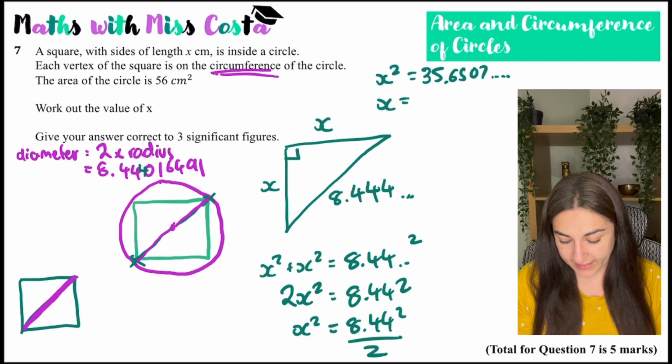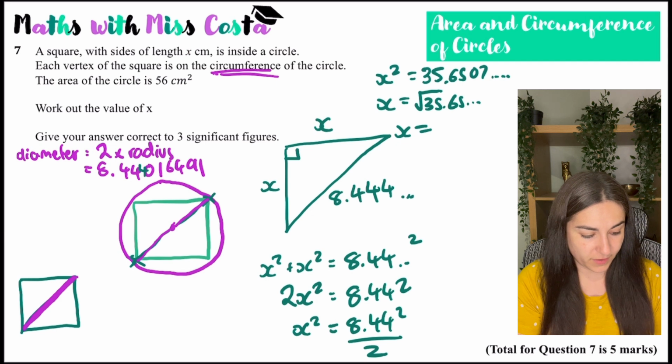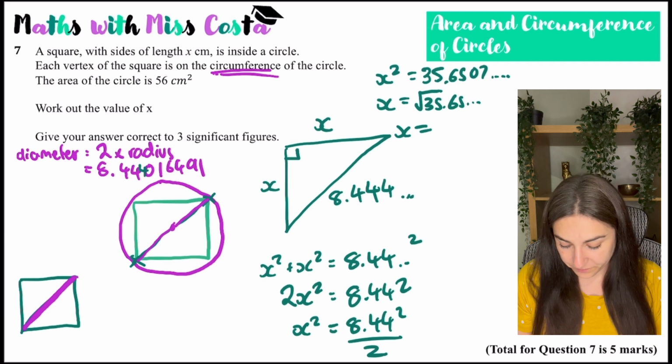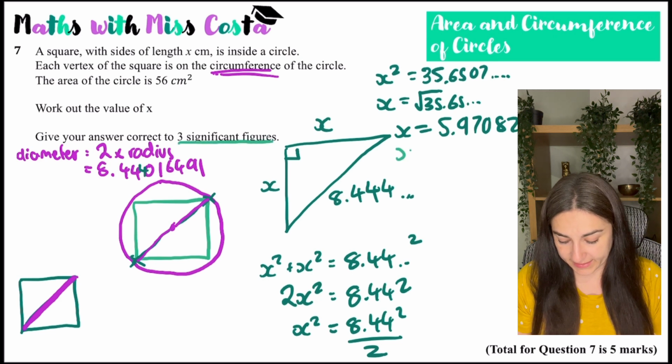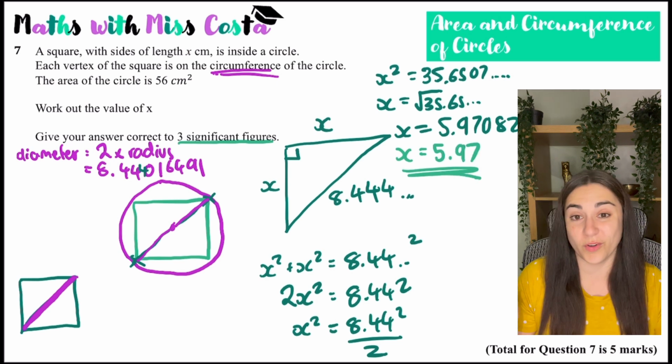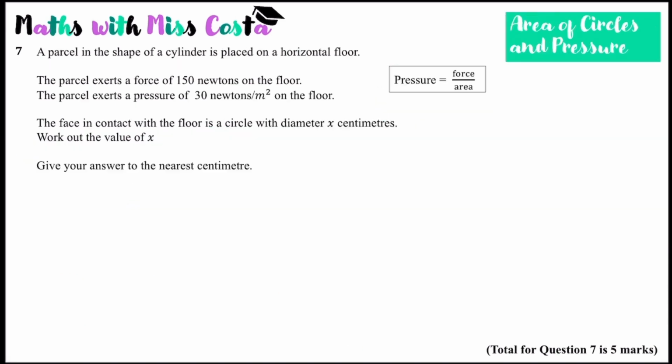And to figure out what x is, I'm going to do the square root of that, and I just type in my square root of answer. So square root of answer is 5.9708 and so on, but it says give your answer to 3 significant figures, so x is going to be 5.97, and that would be what the side length of the square is.